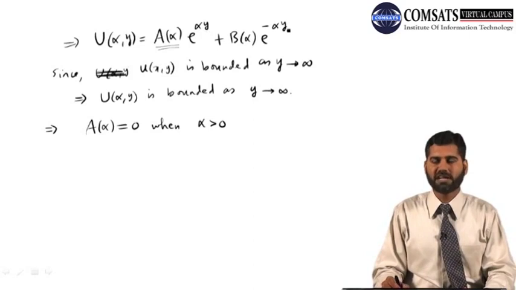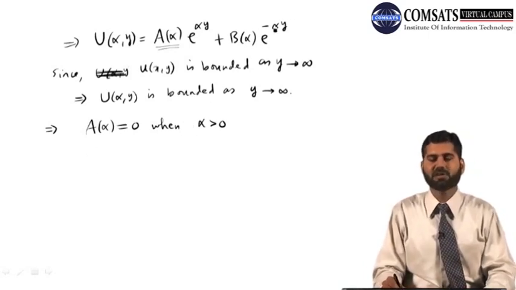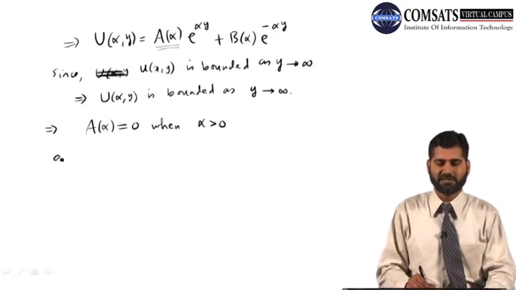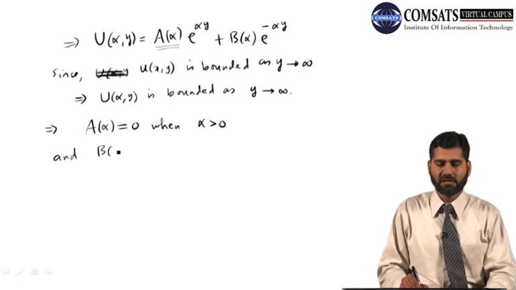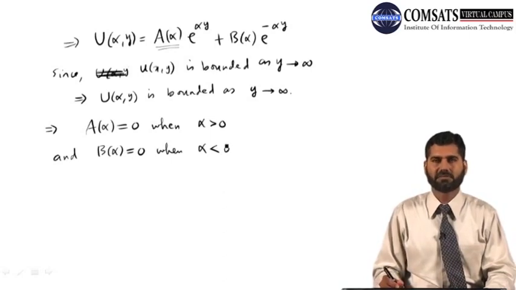Now if y goes to infinity, e to the minus alpha y will become 0. And if alpha is negative, then this term will go to infinity as y goes to infinity, so B(alpha) should be 0 when alpha is less than 0.